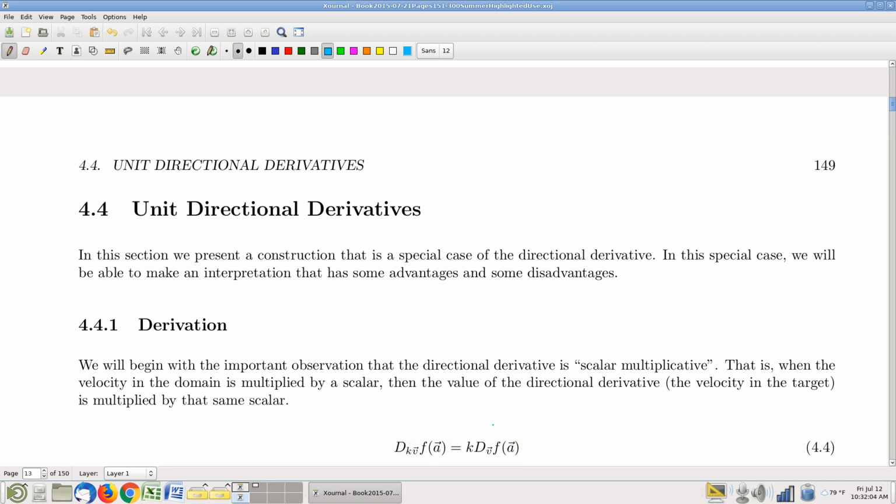Okay, first thing I want to point out is that this formula for directional derivatives that we made in the last section is what I like to call scalar multiplicative. Here's what I mean by scalar multiplicative.